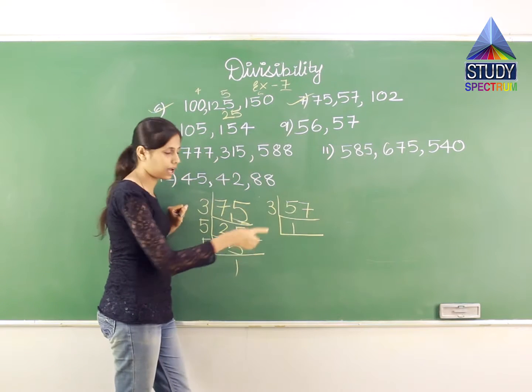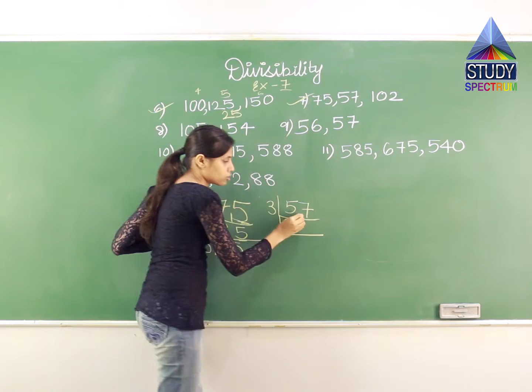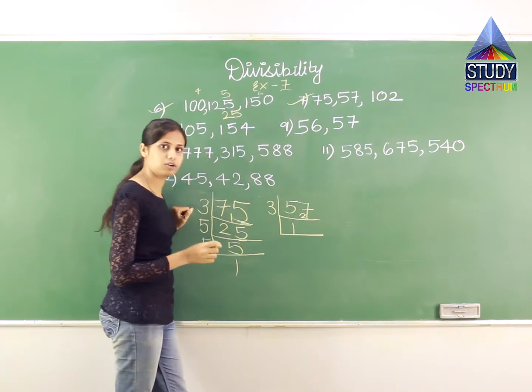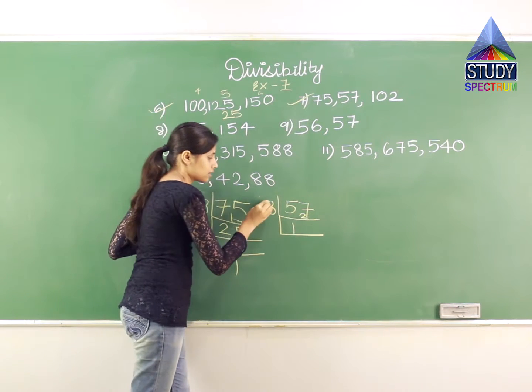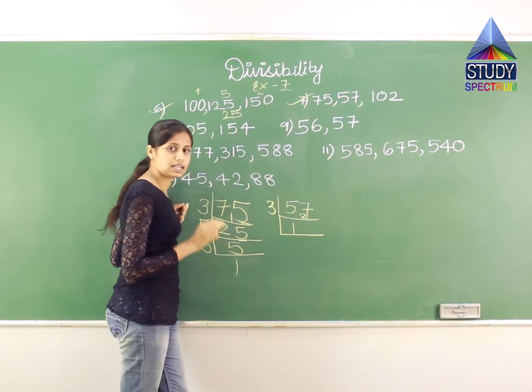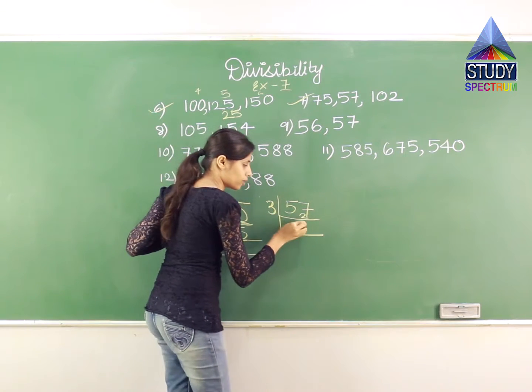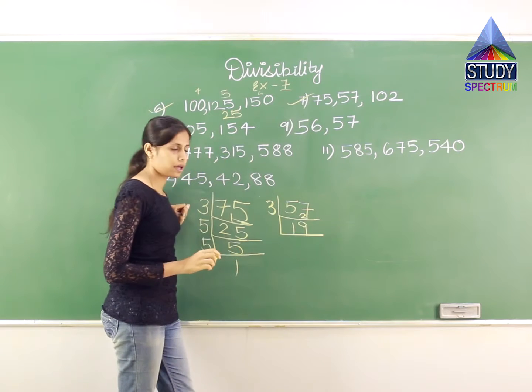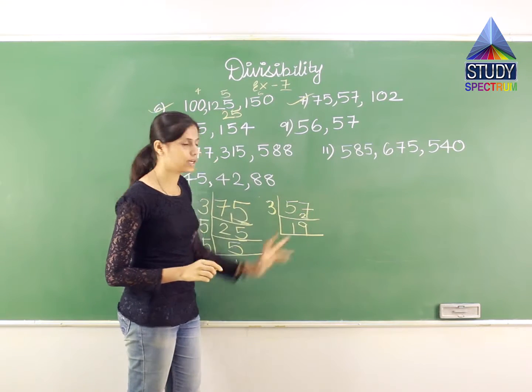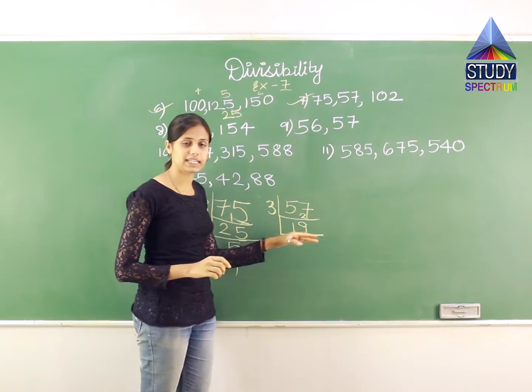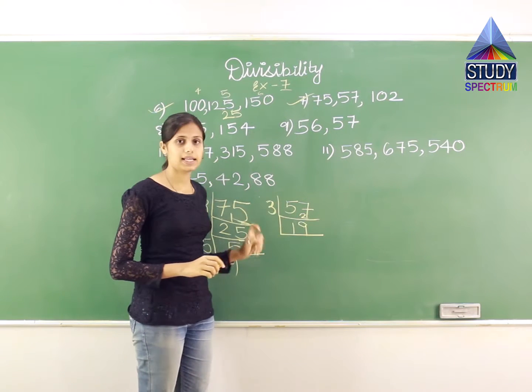But I have 5 over here, right? So 2, I'll write it over here. So I get 27. 3 ones are 3, 3 twos are 6, 3 threes are 9, 3 nines are 27. Right? So I get 19 when I divide 57 by 3.